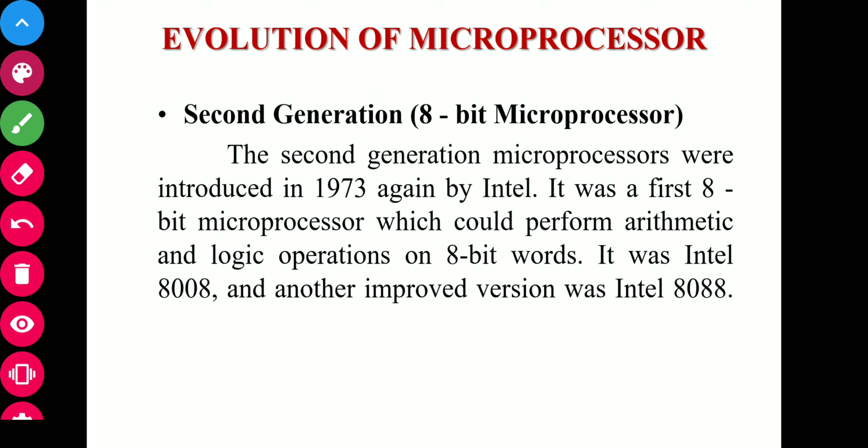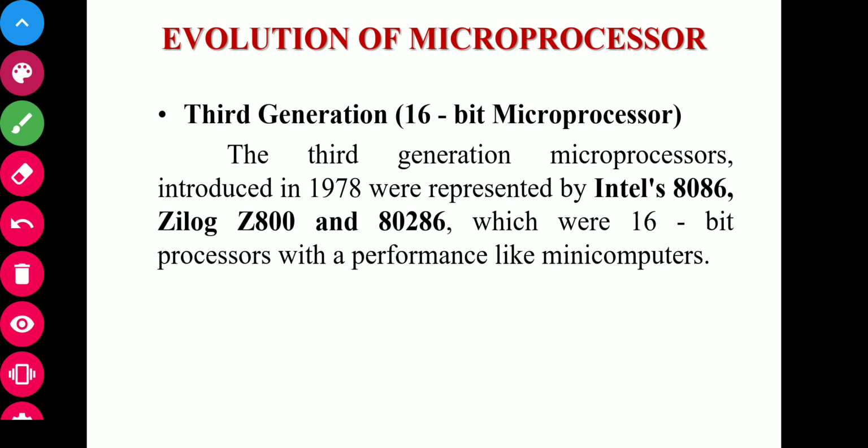And later the 8088 was developed. And next, the third generation microprocessor. Here in the third generation, the performance of the microprocessor increased because the operations were enhanced from 8-bit to 16-bit operation.